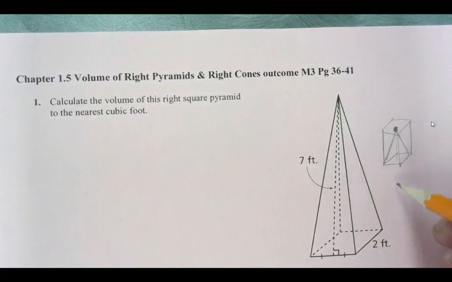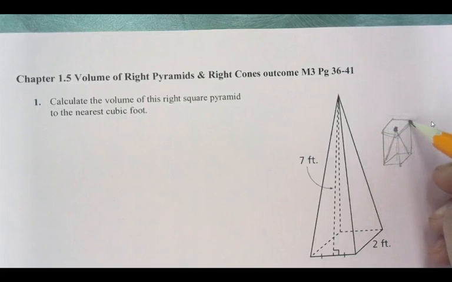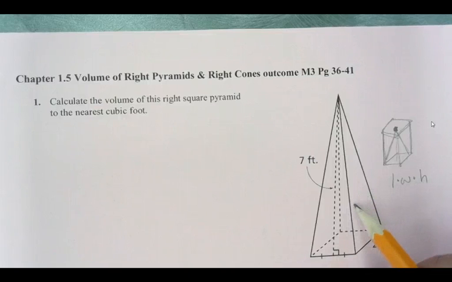So this is a square-based pyramid, and if we find the volume of the square-based prism as being length times width times height, what would be the volume of the pyramid? How would it compare? We would divide by 3, right?